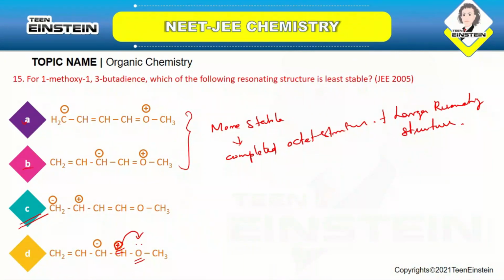So comparing all the options, option C is the least stable. So option C is the correct answer.